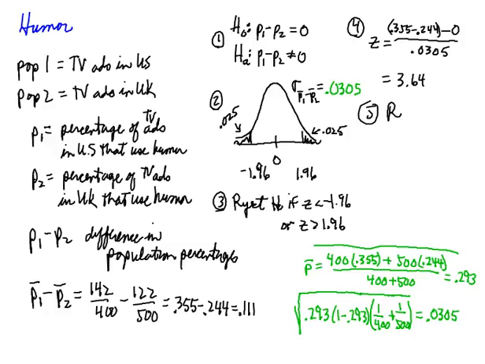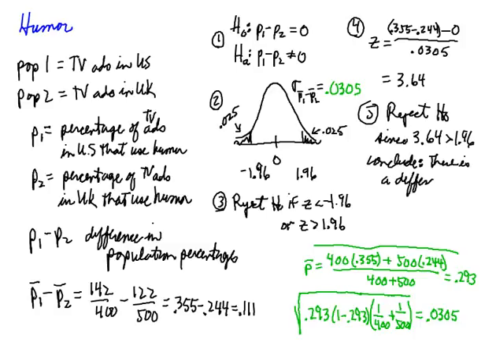Step 5 is I'm going to reject H sub 0 since 3.64 is greater than 1.96, and conclude that there is a difference. There is a difference in the percent of humor used in TV ads between the United States and the United Kingdom.